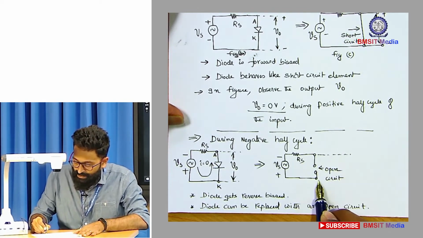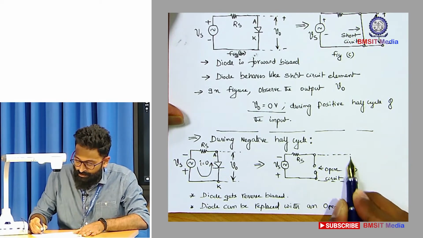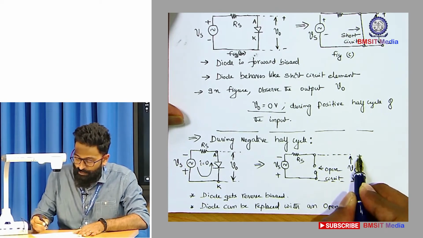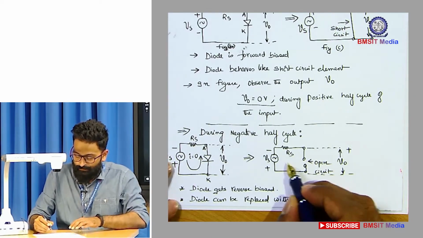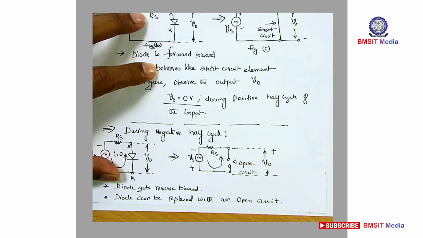So basically during negative half cycle, you are trying to measure the output across the open circuit. So if we apply KVL, what do we get?